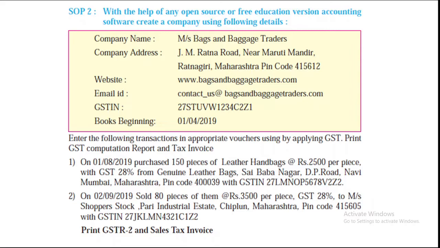Email ID: contactus@bagsandbaggagetraders.com. GSTIN: 27STUVW1234C2Z1. Books beginning 1st April 2019. These are all the company related information which we have to write while we are creating the company.